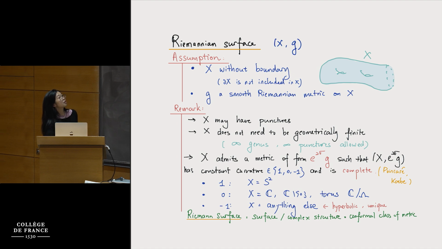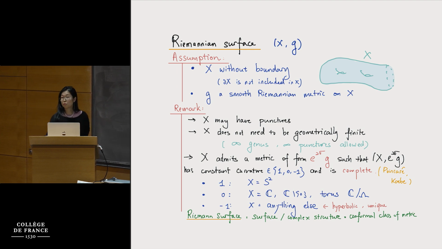If you have constant curvature 1, then there's only one choice: the sphere. Curvature 0, it's a flat surface. It can only be the complex plane, or the complex plane minus one point, or a torus, which is just the quotient of the complex plane by a lattice. And anything else will be hyperbolic with curvature -1. In this case, the hyperbolic metric is unique.